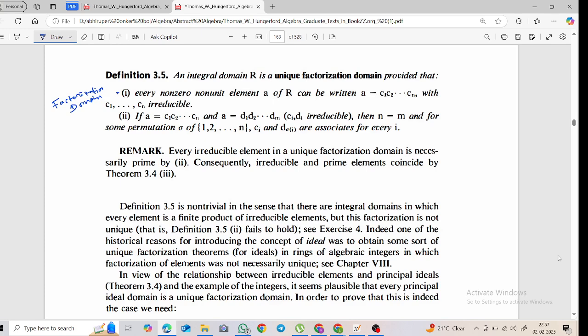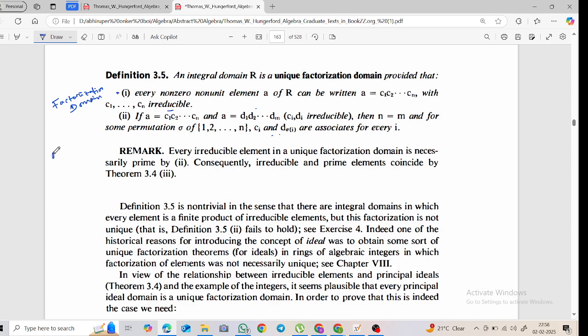The next condition ensures the uniqueness. If there are two such factorizations, then m equals n and the d_i and c_j are nothing but permutations of each other. Let me give you an example.